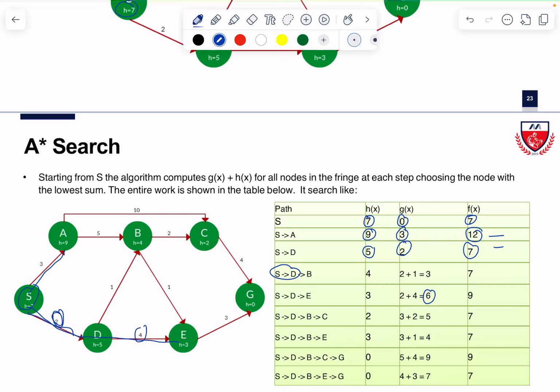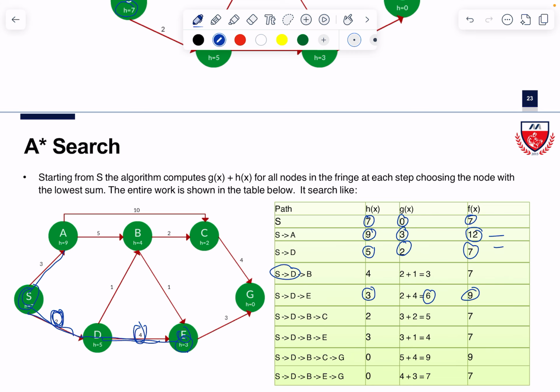From D to E, heuristic cost pala niya is only 3. It's 3. So 3 plus 6, that is 9. So again, from S to D to E, its heuristic cost from S to E is 3, no? Using SDE path. So that is 3 plus the actual cost of 6, that is 9.